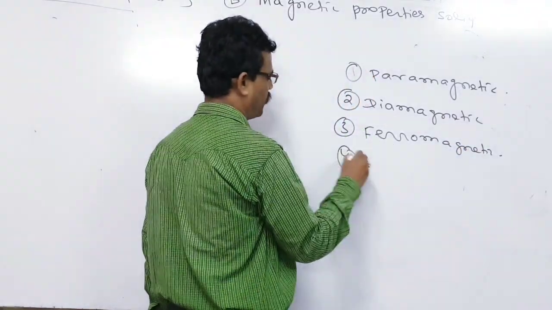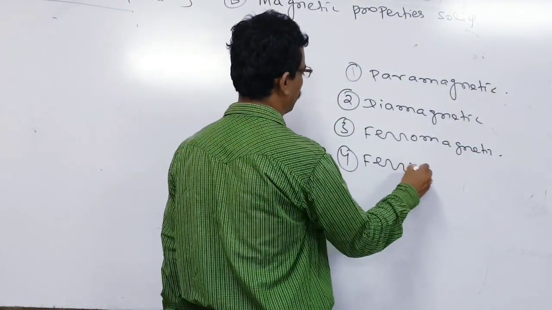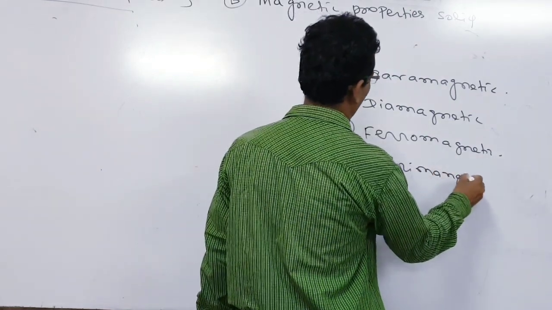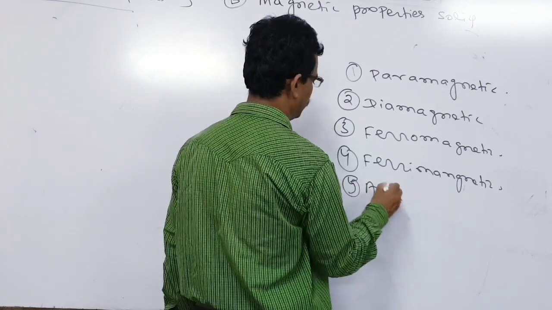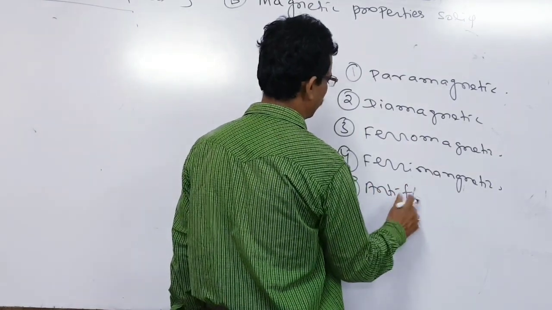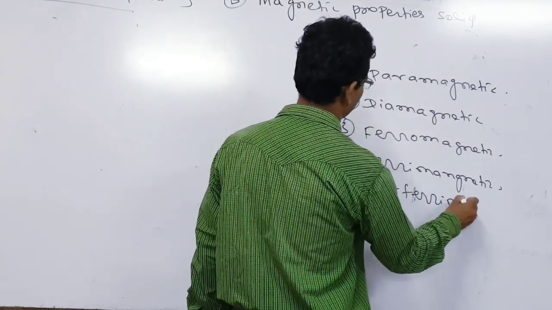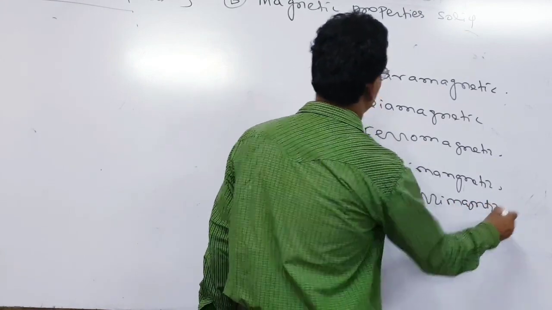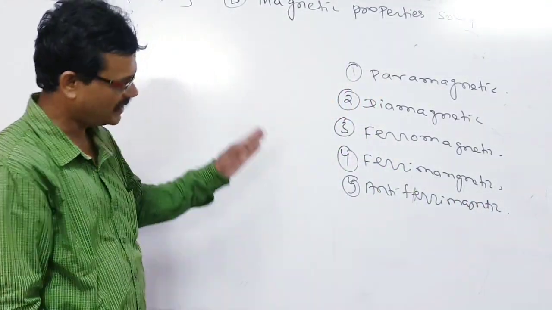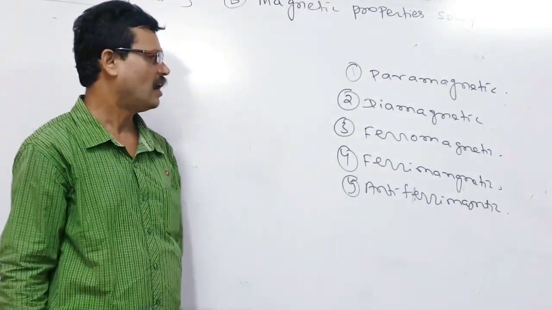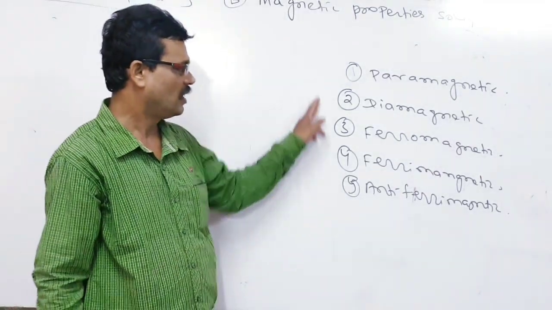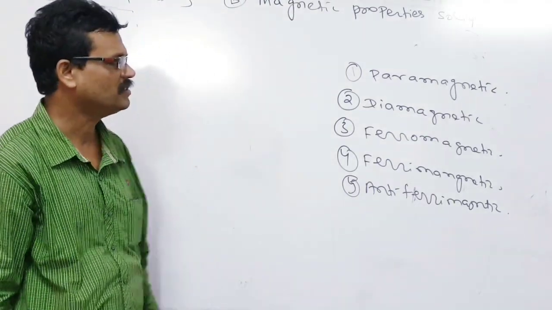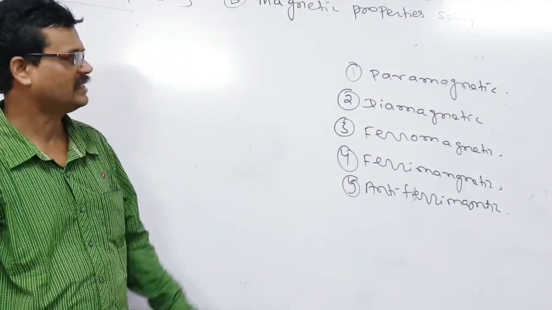Next, ferrimagnetic substances, and antiferromagnetic substances. So on the basis of magnetic nature we classify all these things. We need not go into so much detail about these magnetic natures. You just have to know what their natures are.